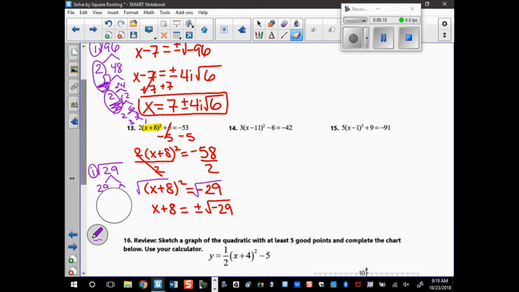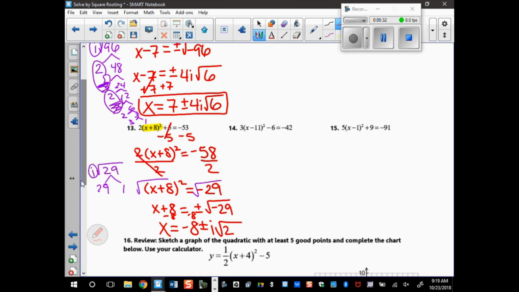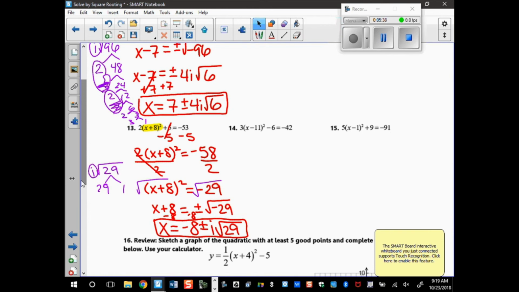So my final answer is going to be negative 8 plus or minus i square root of 29. I'll write it in the middle. And that would be your final answer. So even though we have negative square roots, we can still solve by square rooting.